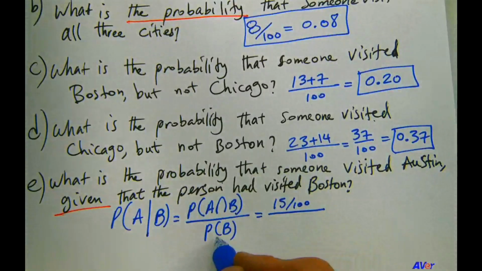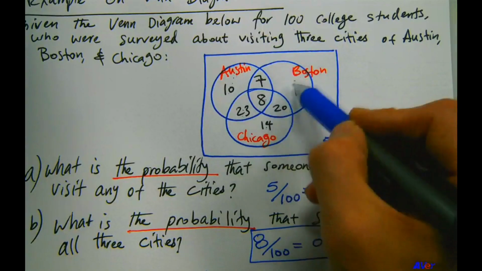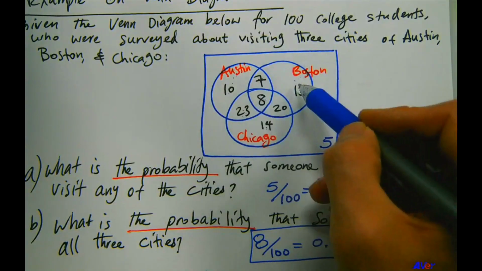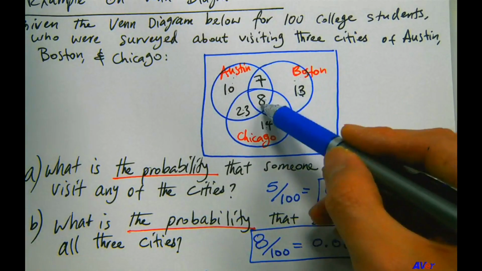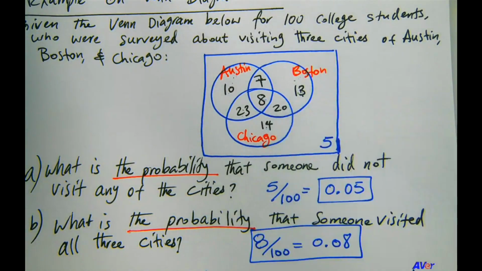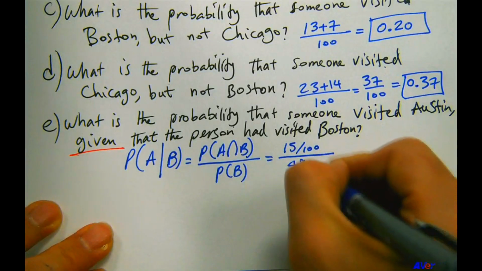Now this is divided by the probability of those who visited Boston, all of those who visited Boston, in any category. 13 plus 7, 20, plus 8, 28, plus 20, 48. So we have 48 divided by 100.